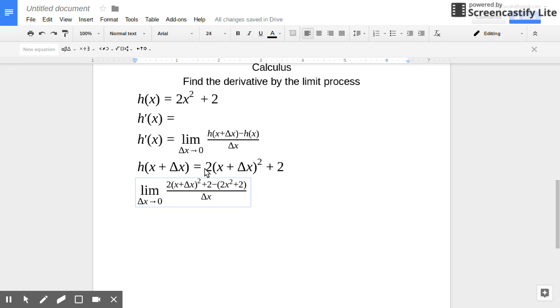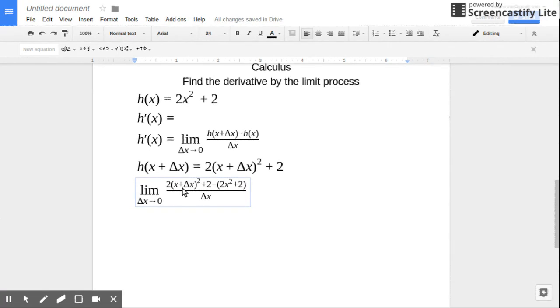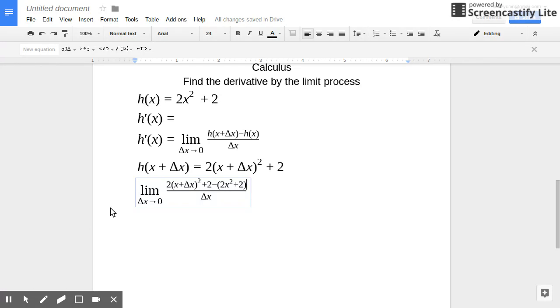And we're going to want to now simplify this out, and that means we need to multiply this guy out because it's squared. And I'm not going to go through all those steps like I did in the previous problem on that. I guess I'll do a little bit of it.